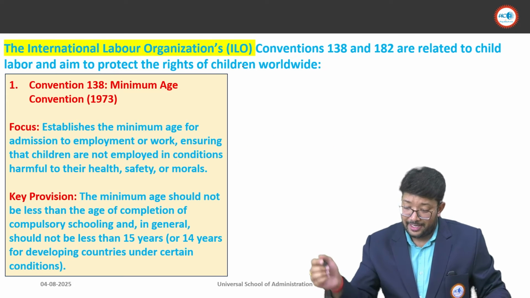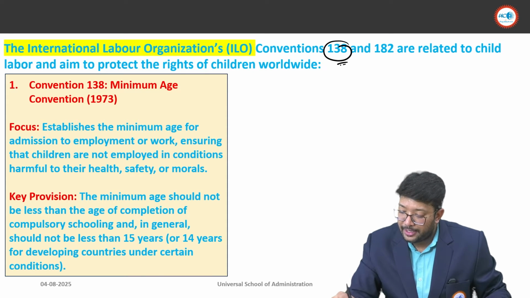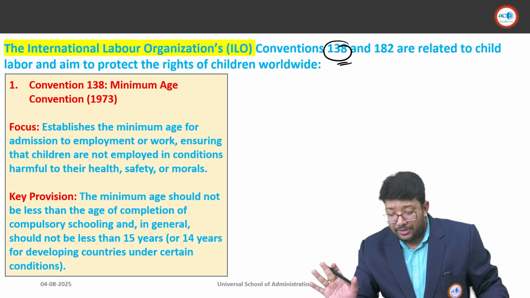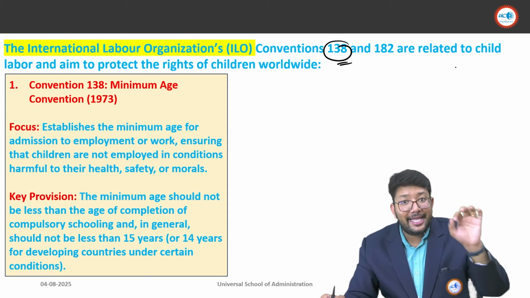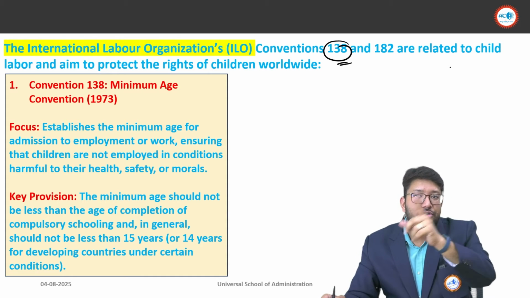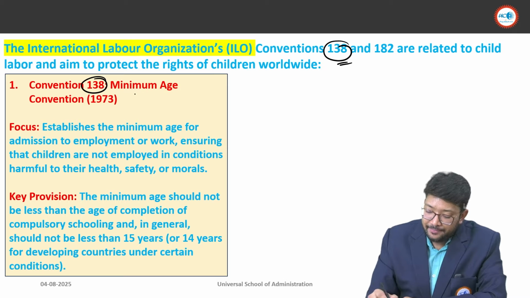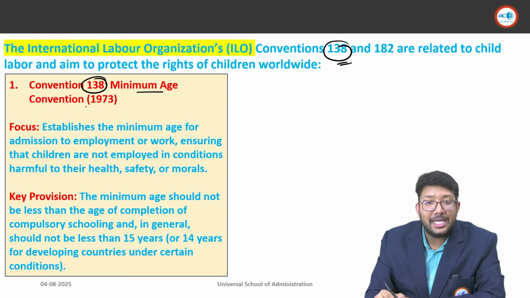Okay, what exactly is there? First of all, we will talk about Convention 138. Both 138 and 182 are related to child labor and aim to protect what? The rights of children worldwide. So what does Convention 138 say? Convention 138 is also known as the Minimum Age Convention.